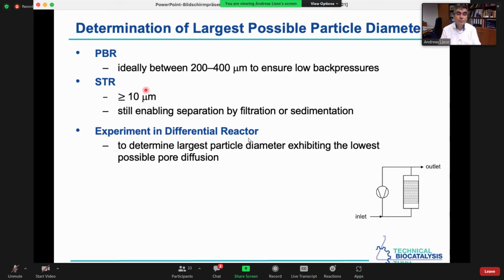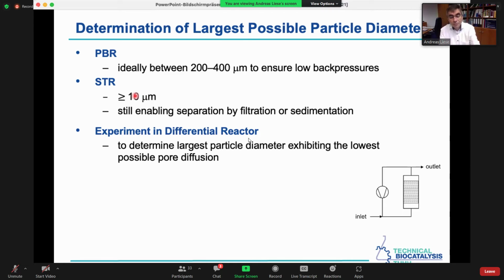Microfiltration that we use for sterilization is often 2 micrometers to 0.2 micrometers. So we use particles around 10 micrometers. We can still filter them off, and on the other hand, they are small enough that we can cope with some of the diffusion limitation.